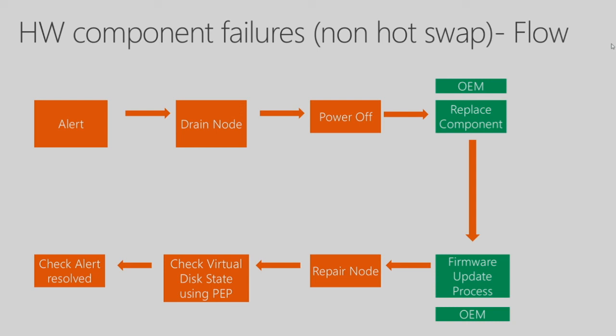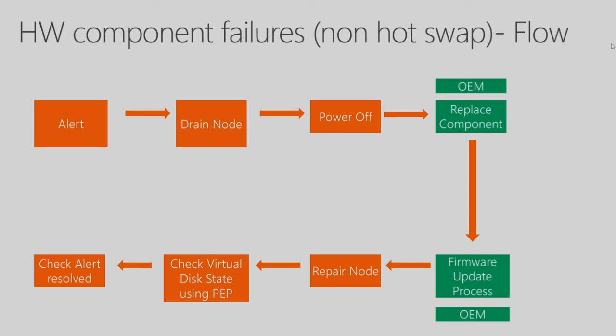Depending on how long that particular hardware component was in stock, you have to validate that it has the right firmware level to bring it back into the system. Once you've made sure that the component has the right firmware level, you execute the repair action, check the status of the storage through the privileged endpoint. Last step, you check that the alert was resolved.